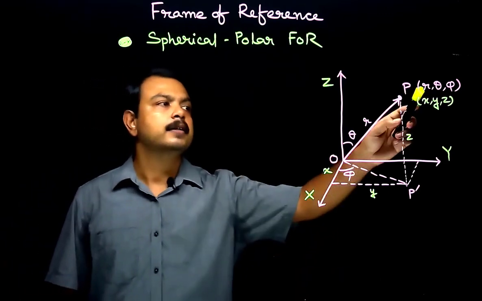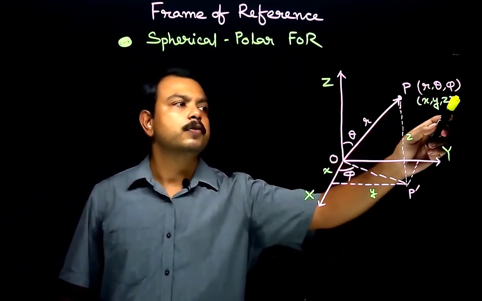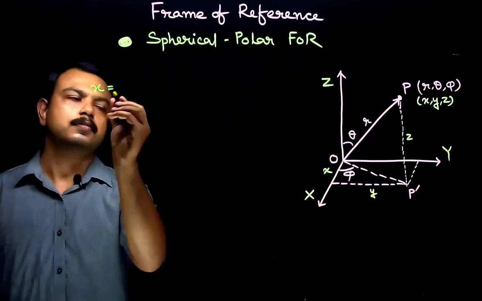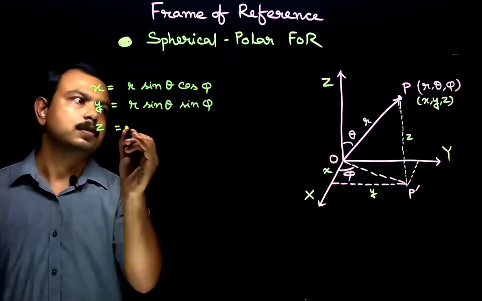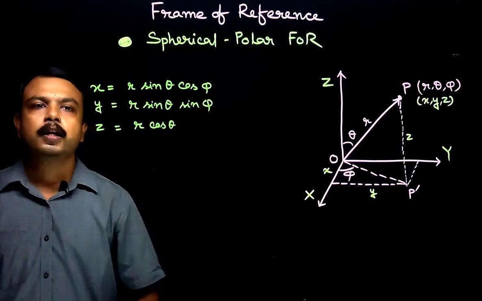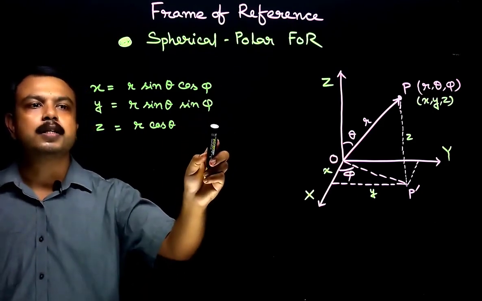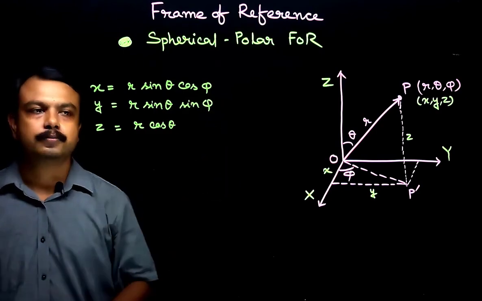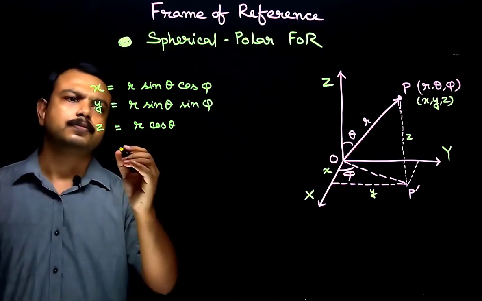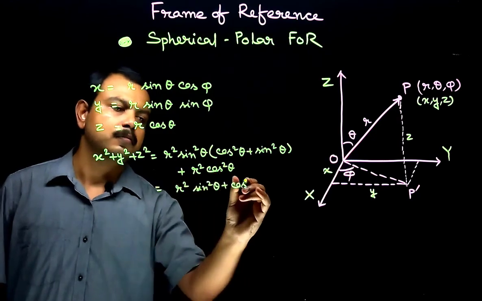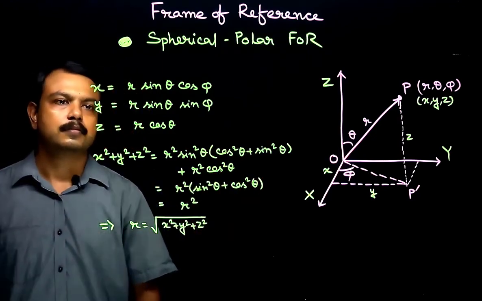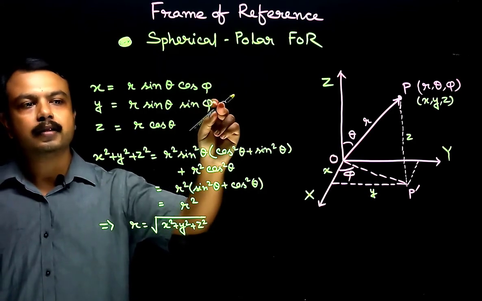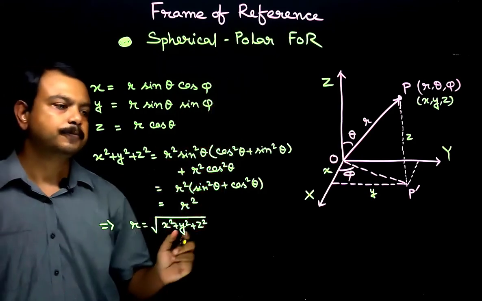We can relate this set of coordinates with this set of coordinates by the following equations. Now, if we square all these three equations and add them together, we can get the reverse relation. Now let's square these two equations and add them first.